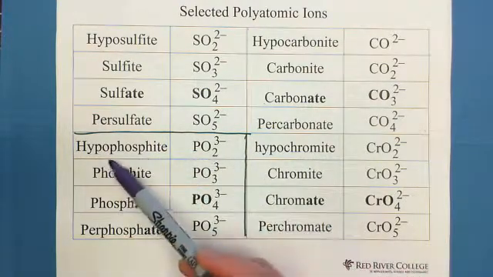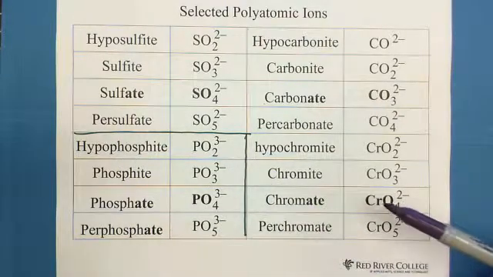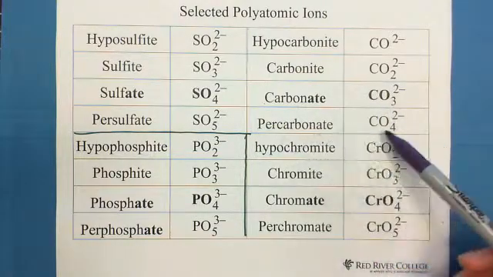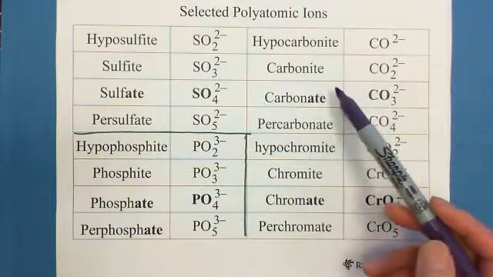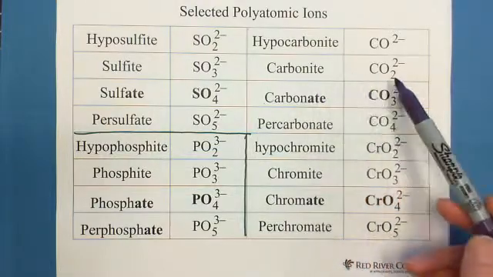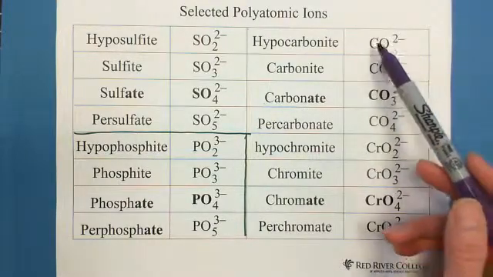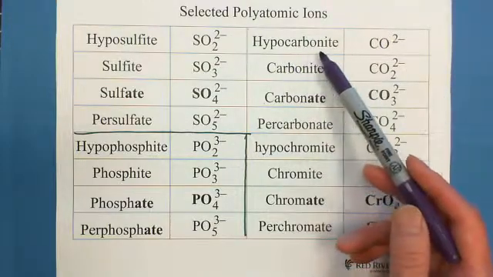Another one less is hypophosphite. Carbonate is CO3. One more, CO4, is percarbonate. One less is carbonite, CO2. Another one less, with 2 negative charge, is hypocarbonite.